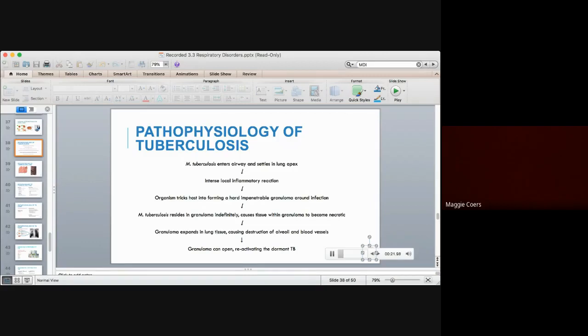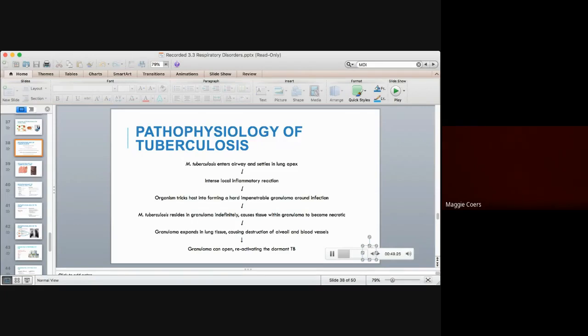When it gets to the apex, it triggers a local inflammatory response, just like any invading organism would. But the TB organism is pretty smart, and it uses the host body's own inflammatory response. By doing this, the tuberculosis organism forms a wall around itself.